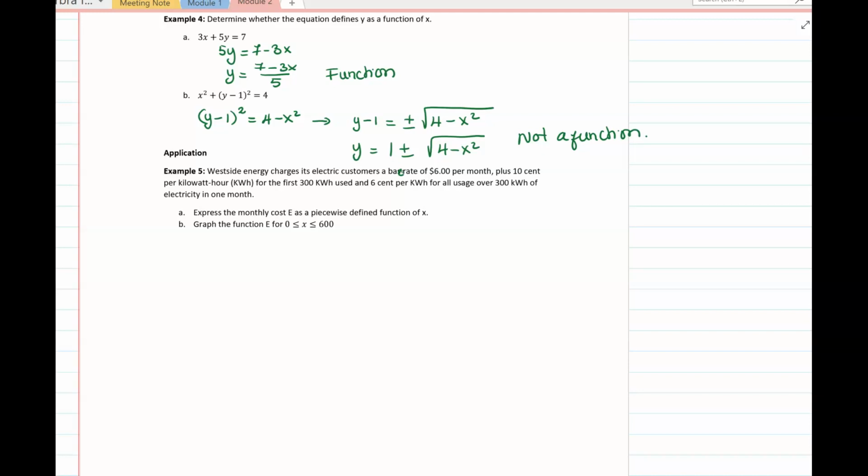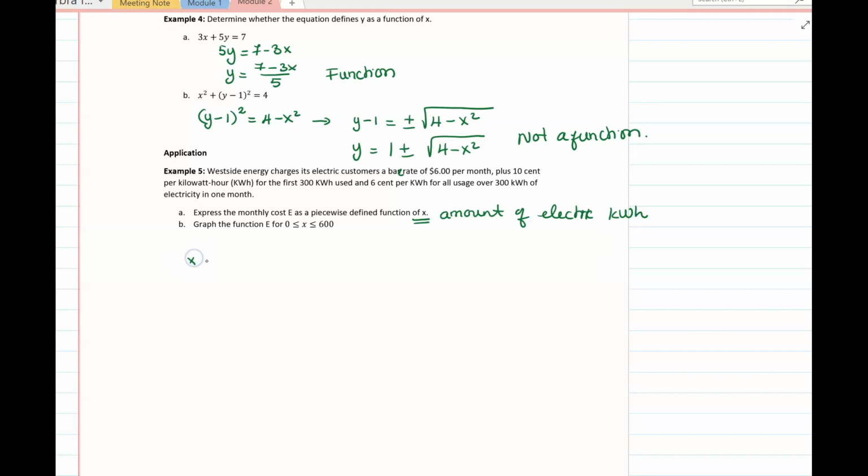Here we have two situations. First, let x be the amount of electricity used, in kilowatt-hours, each month.